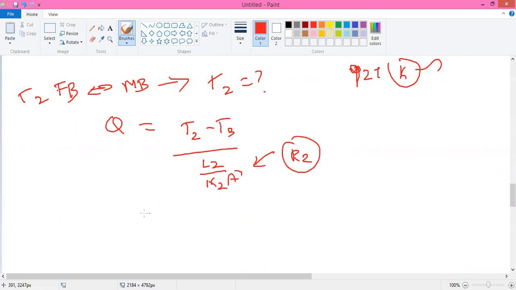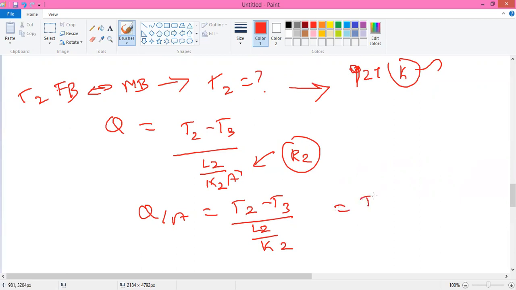The A value cancels, so Q by A becomes T2 minus T3 divided by L2 divided by K2. We know T2 is 927. So T2, 927, minus T3, divided by L2, the thickness of the masonry bricks, 0.25 meter, divided by 0.69, the thermal conductivity.